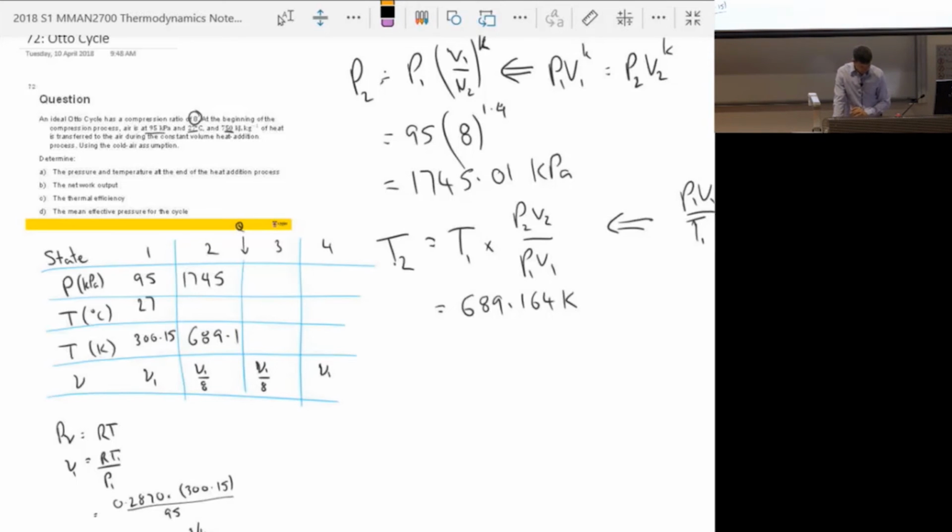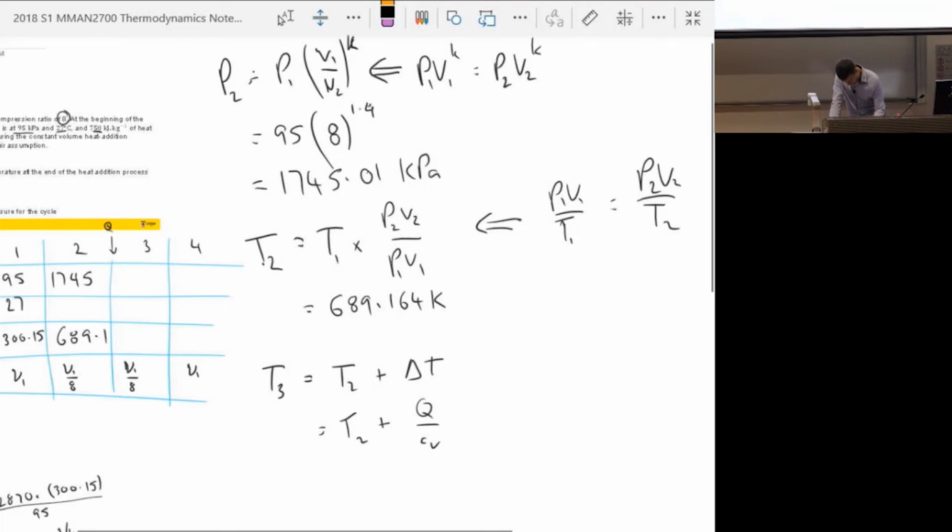State point 2, state point 3, we're given our heat addition. Okay, so our temperature 3 must equal whatever our temperature 2 was, plus our change in temperature. And our change in temperature must be Q divided by CV.